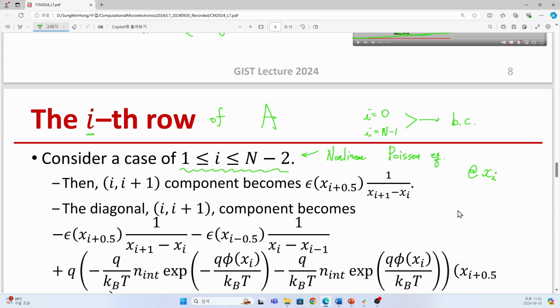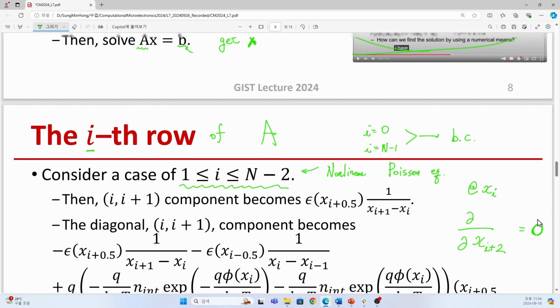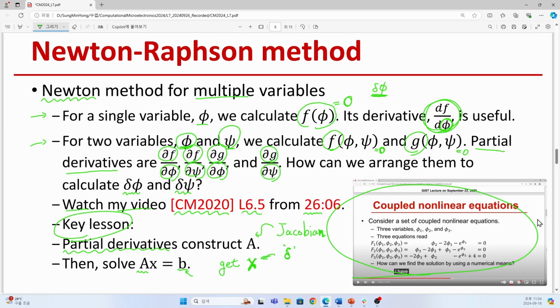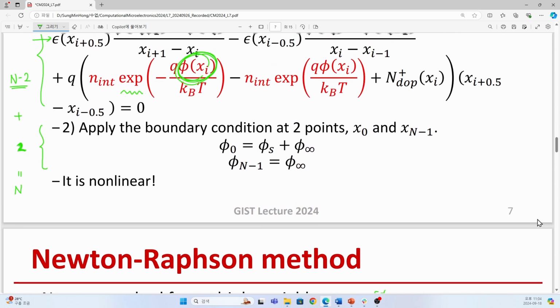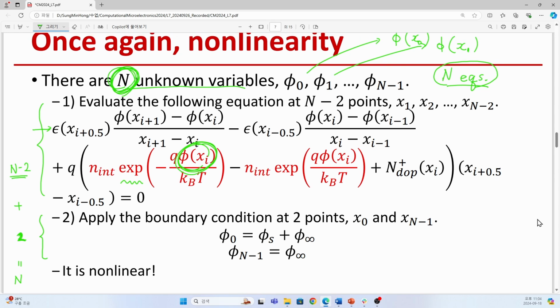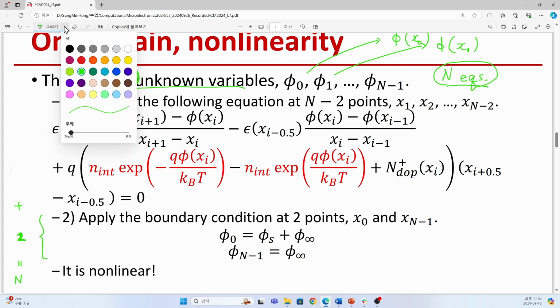Then if we try to make a partial derivative with respect to x sub i plus 2, then that will give us identically 0. Why? It is because when you come back to the form of our nonlinear Poisson equation, the only dependencies are found at those cases.